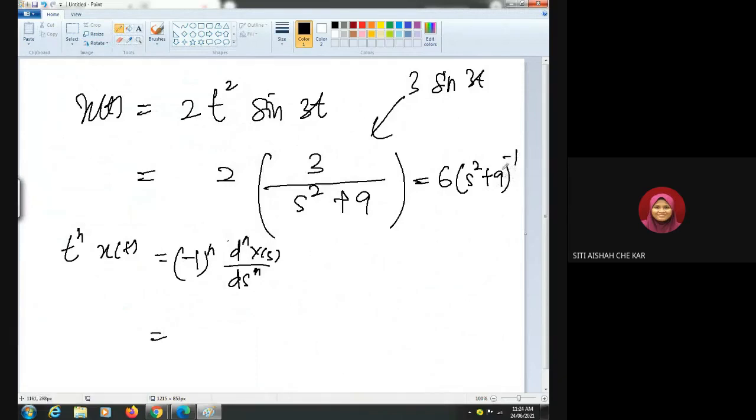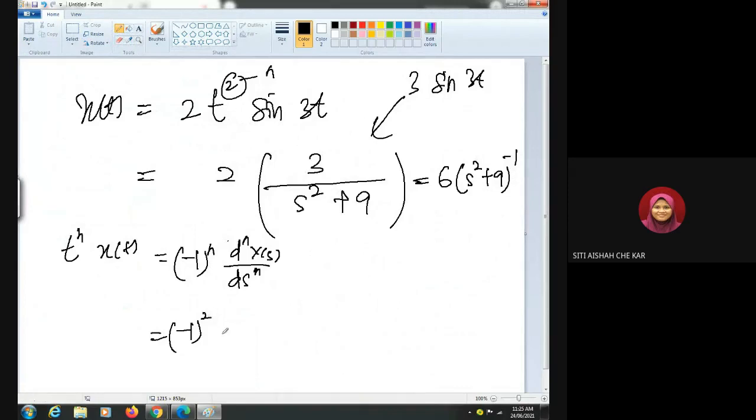So negative 1 power of n kita adalah 2. Negative 1 kuasa 2 sama dengan? Negatif 1. 1.